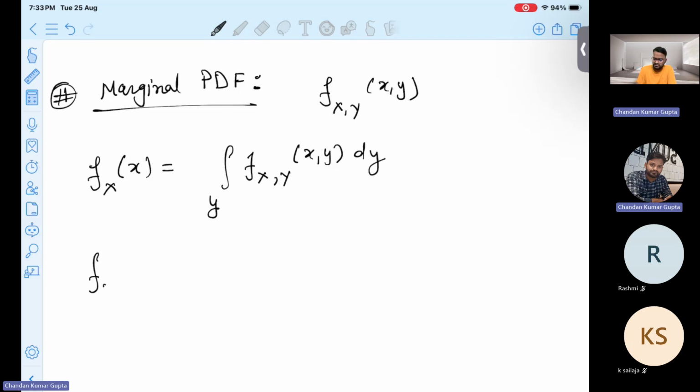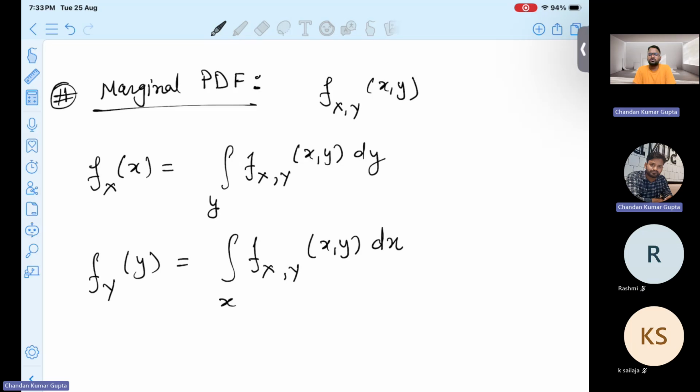And when you need the Y random variable, in that case we take the integral over the support of x. This is how you calculate the marginal density function from the joint density function.